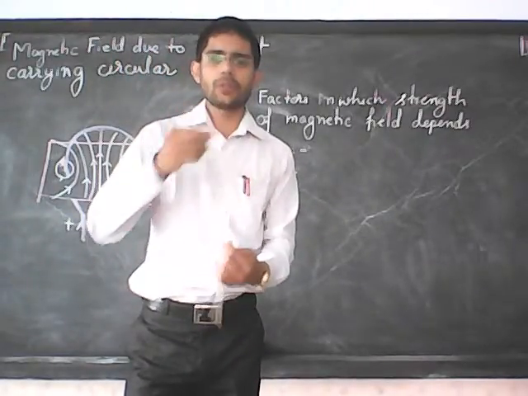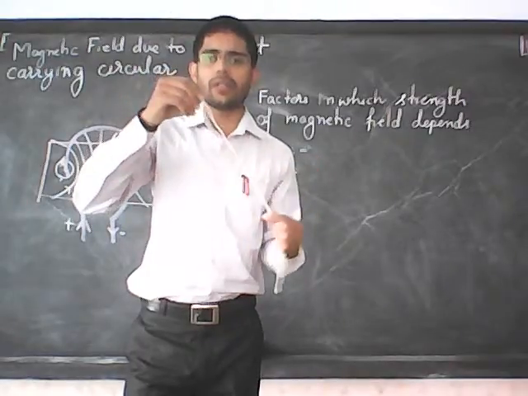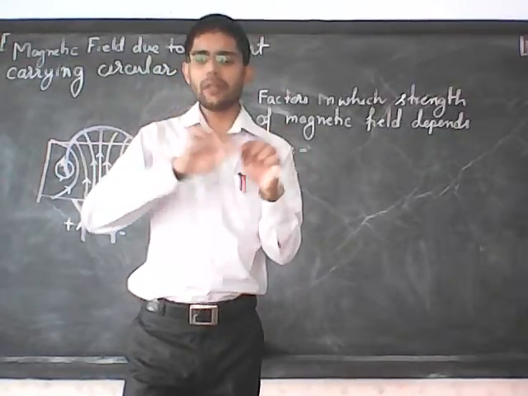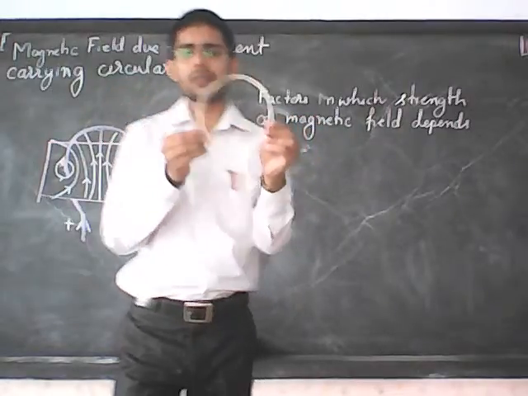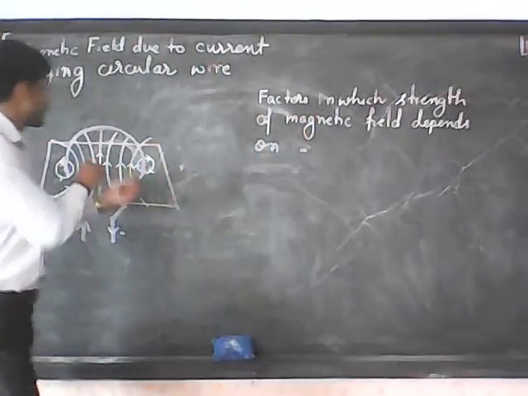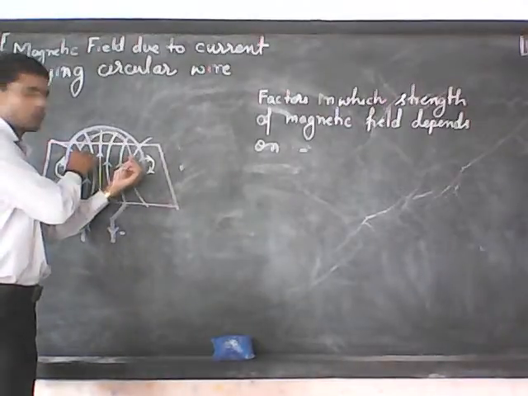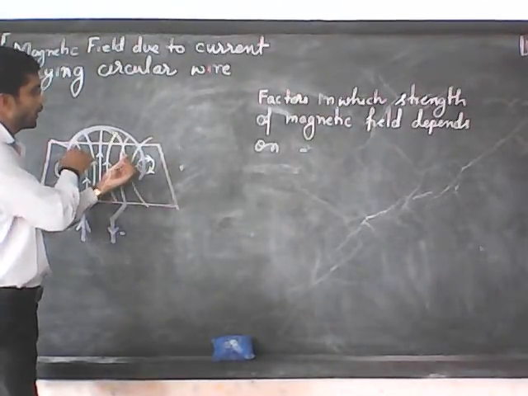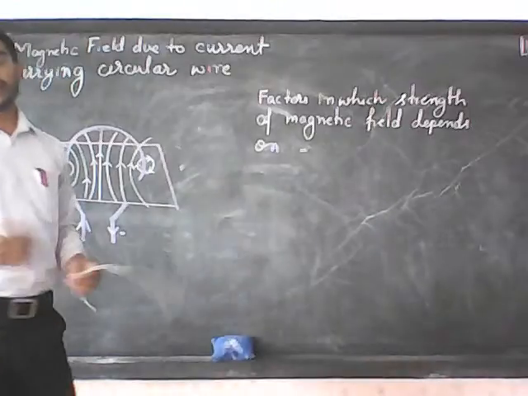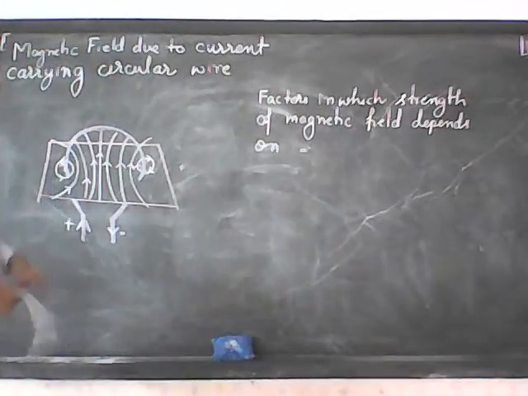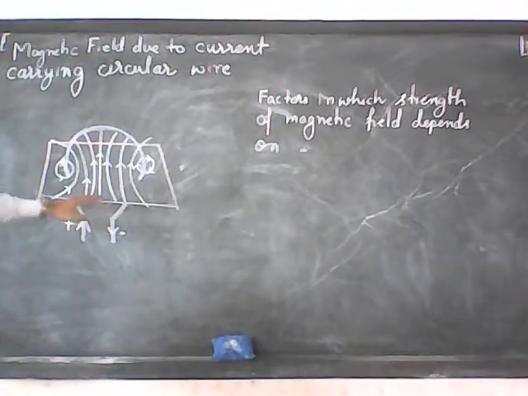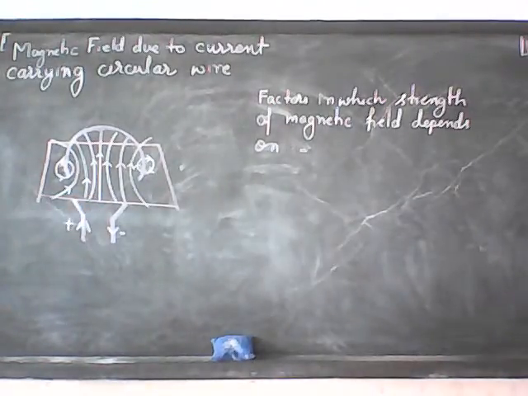Now, suppose this wire is not straight, but in the form of a circular loop, this way, as we can see here. So what will be the magnetic field and what will be its direction? How can we know about it? Is this figure clear to you? Is it visible?